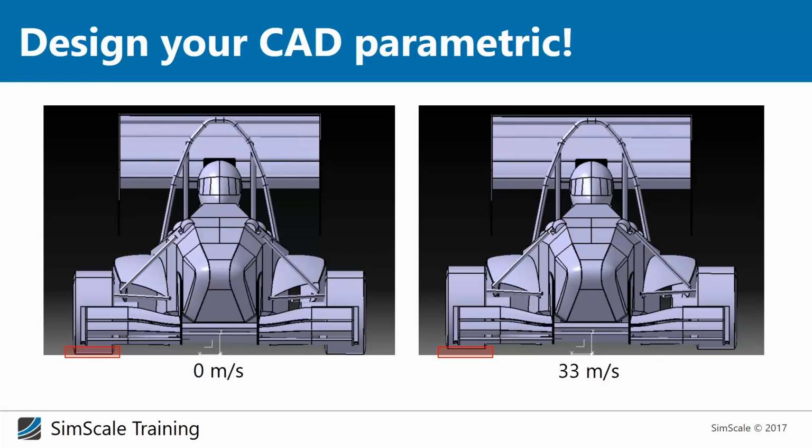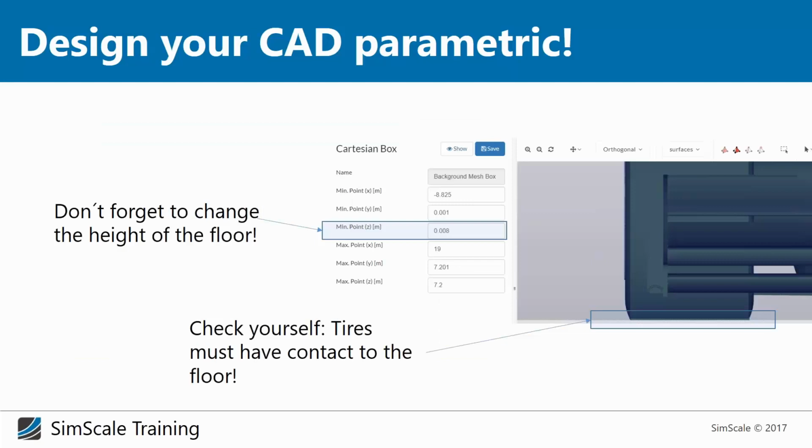And on the SimScale platform, if you upload this geometry and you set the background box fixed, so you keep the ground fixed, then you reduce the ride height of the car, and the effects of this ride height change are covered. But there's one thing that comes with this method, and that is that you have to change the minimum Z value and all the tire midpoints all the time if you simulate at a new velocity.